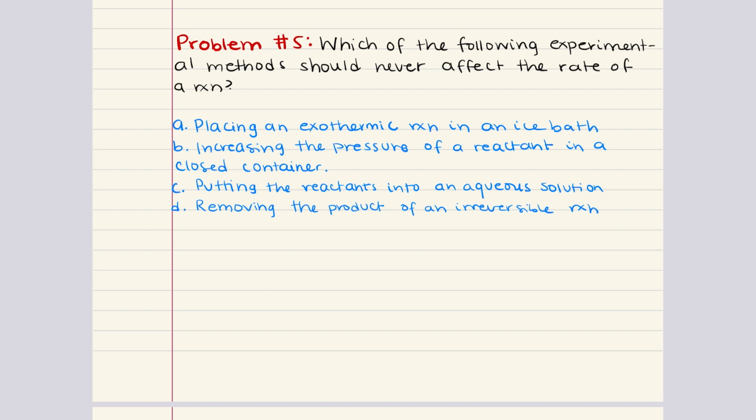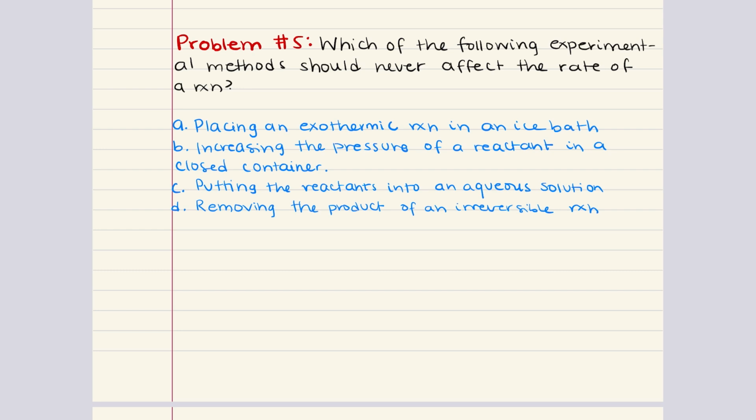For one, the heat is the product. For the other, it's the reactant. And so when you are changing the temperature, you're affecting the heat part of our reaction, and your reaction is going to attempt to compensate for that. So for an exothermic reaction, lowering the temperature will generally decrease the reaction rate.